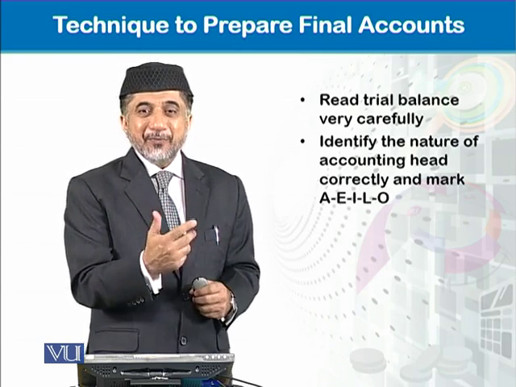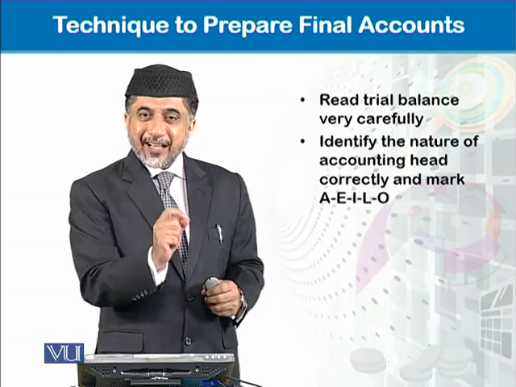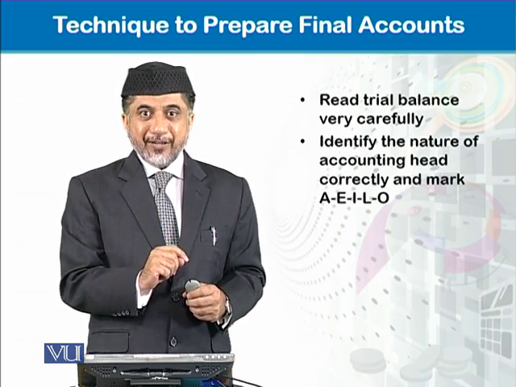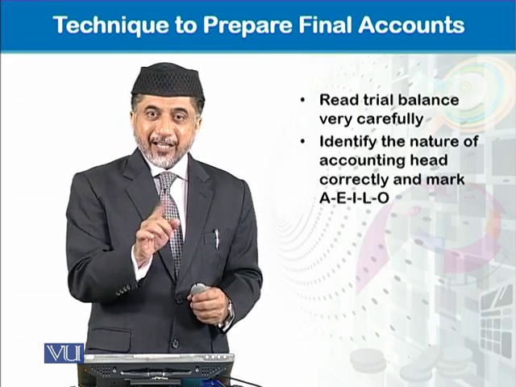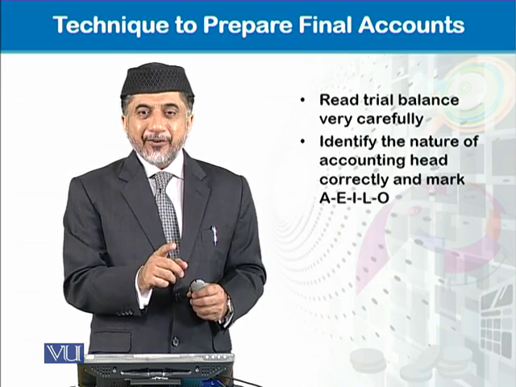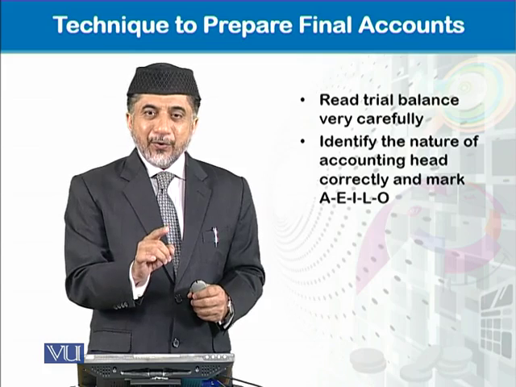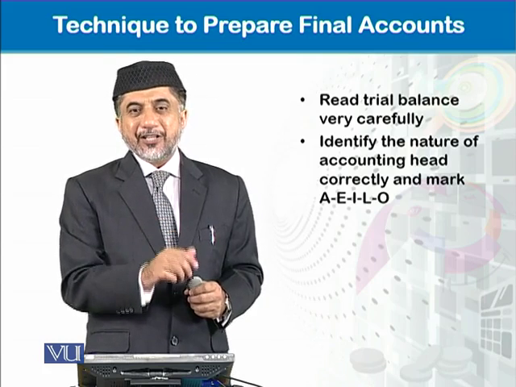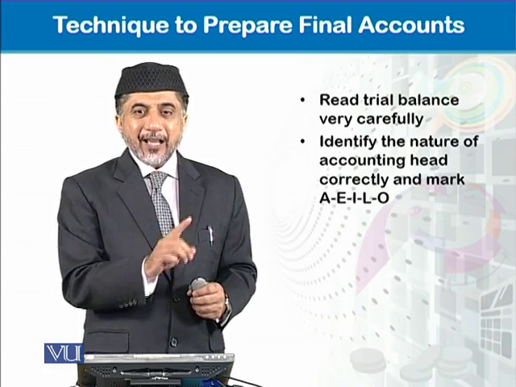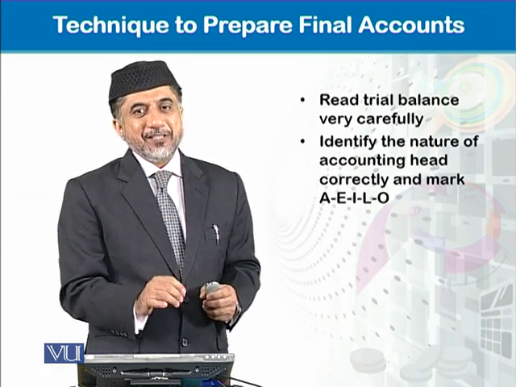So this AILO means that we have to mark A for asset, E for expense, I for income, L for liability, and O stands for owner's equity. So mark AILO in the trial balance.